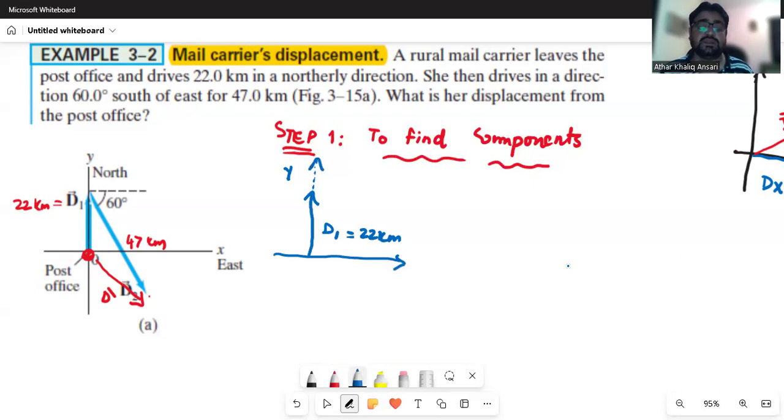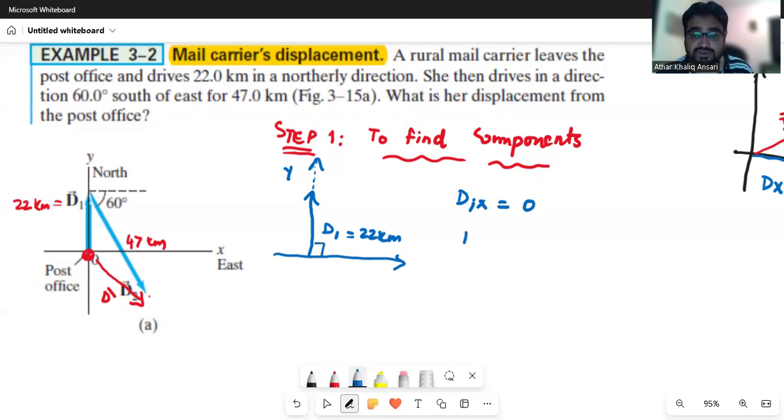So without any formula, I will just say that D1x is equal to 0. But if someone says no, I need to use the formula D1x is D1 cosine theta, so here theta from the x-axis is 90 degree. So you can say 22 cosine 90, which will give you 0 as well.